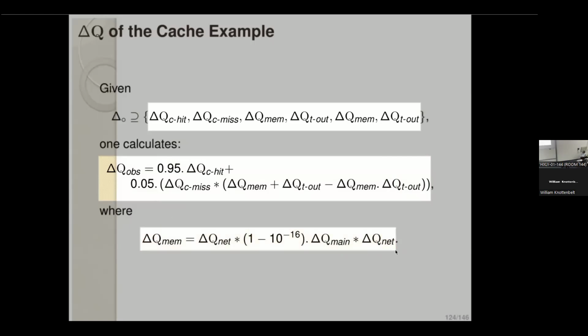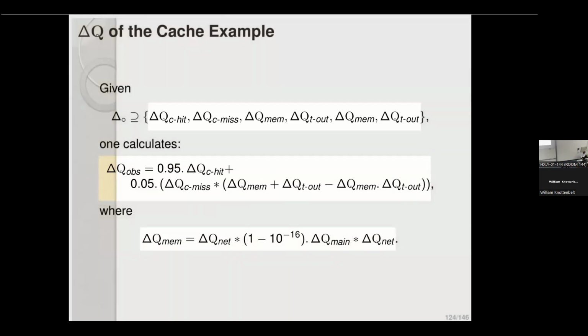So that's how you use the squigglies that I showed to compositionally calculate the overall delta Q.